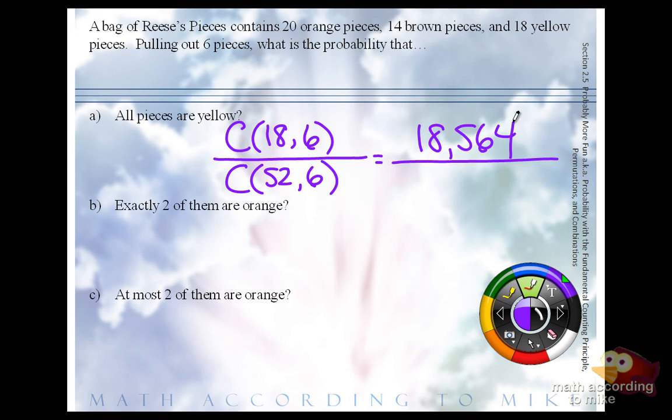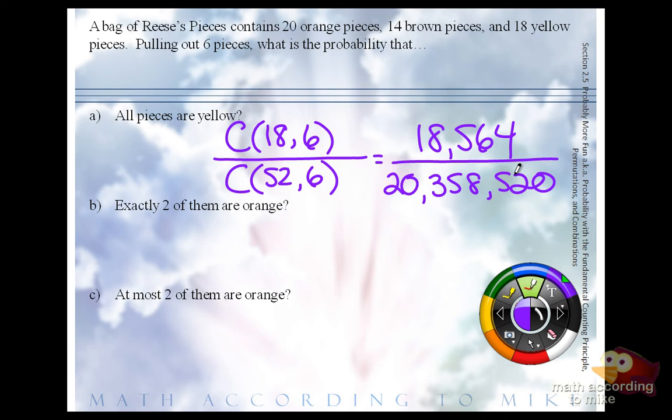And the denominator? $520. Okay. That reduces. We're not going to because I don't have that with me.